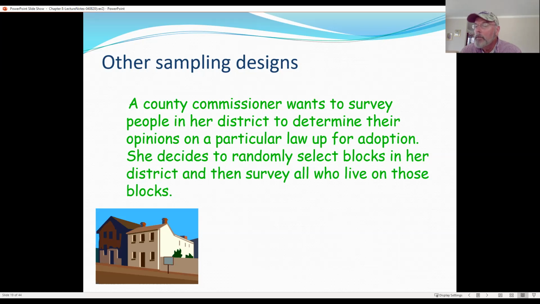You could see on a city street, you're going to use a block of houses, and that block was randomly selected. And once you have that block, you want to survey everyone on that block. So all of the people that live on that block are going to be surveyed. And this is called cluster sampling.